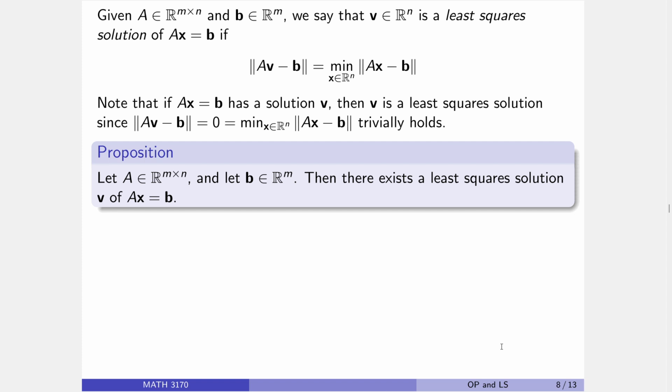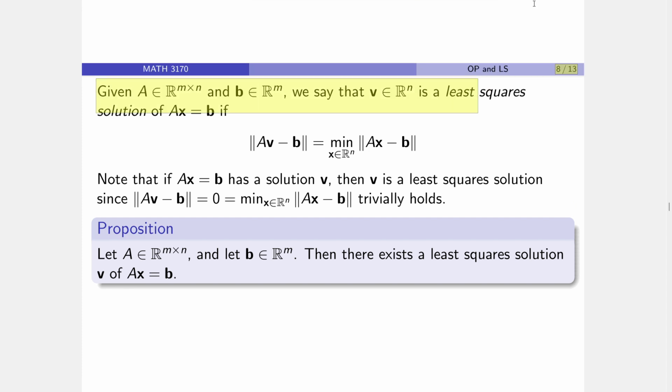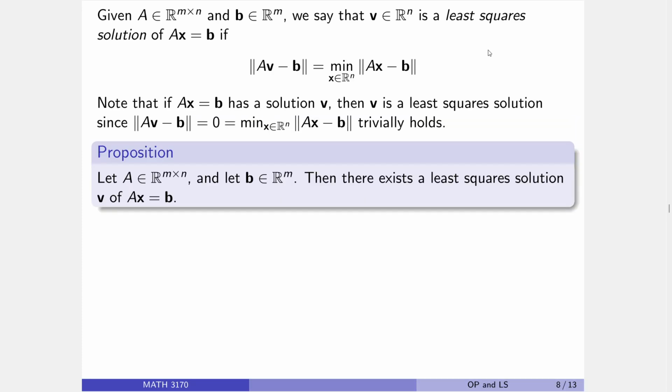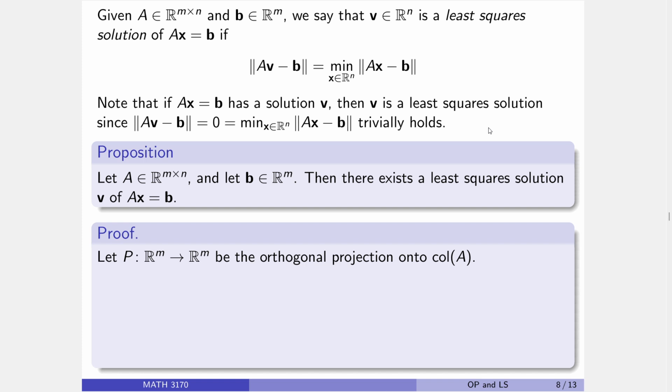So, hey, talking about a minimum distance. Note the name here, least squares, is from the fact that we have a minimum, and we know that this here is the square root of a sum of squares, hence the name. All right, well, as we just discussed, you can always find an element in a subspace that's as close as possible by the orthogonal projection.